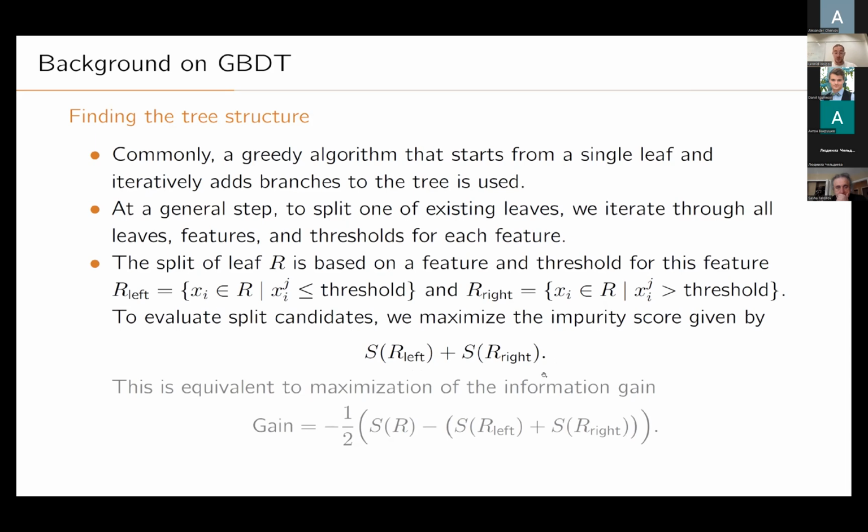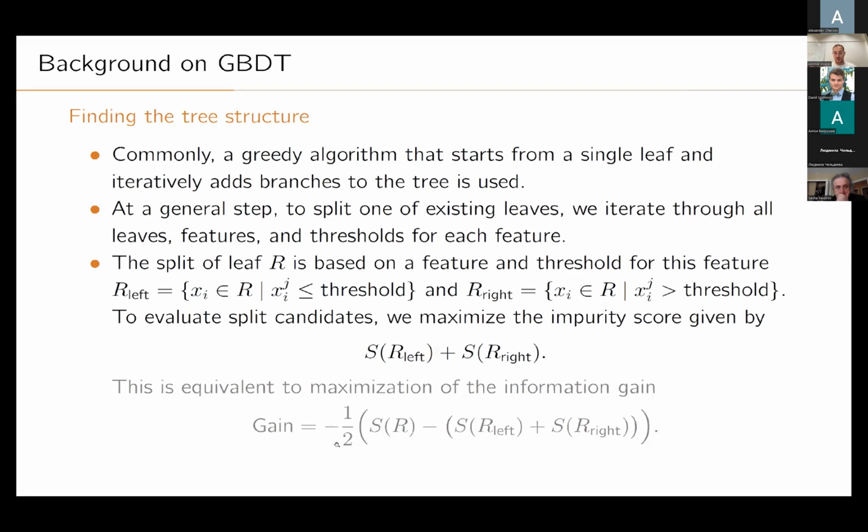Why do we do it this way? Because we want to minimize our loss function, so we can compute what is usually called information gain. We can compute the value of the loss function before and after the split, and if we consider the difference of these two, we will obtain something like this.